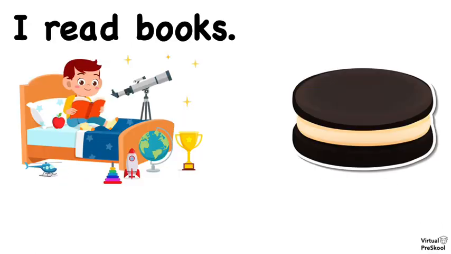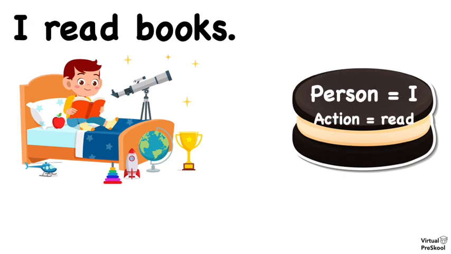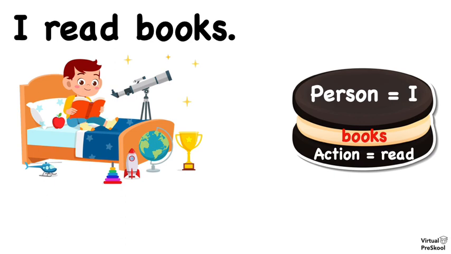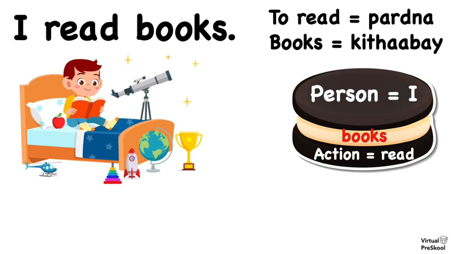I read books. So the top cookie is the person. The bottom cookie is the action. And the middle is what's left. Books. And to read, the verb to read is padhna. And books are kitabe. So now you have everything you need to put the sentence together.